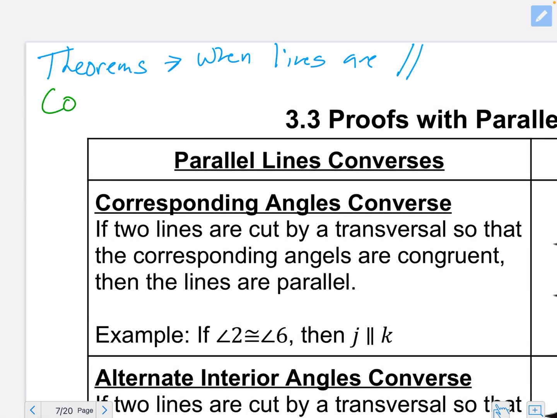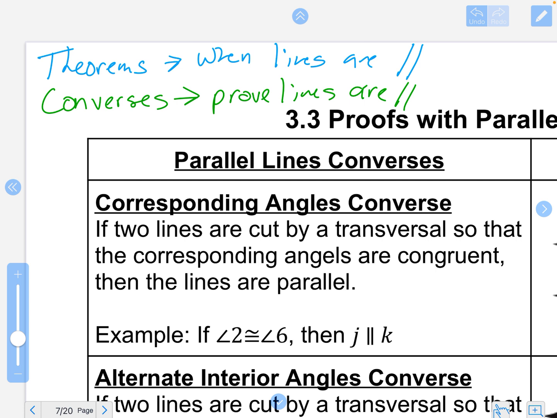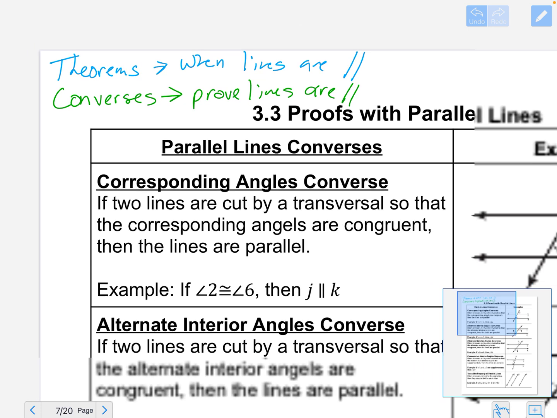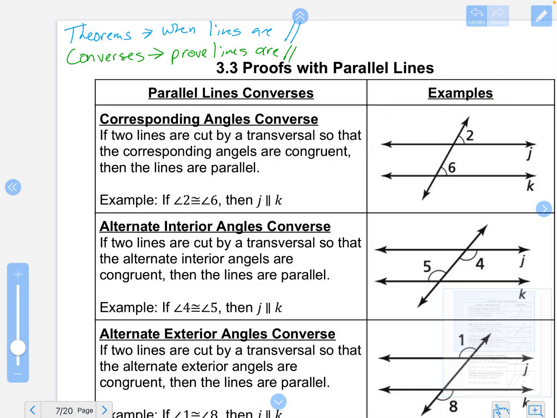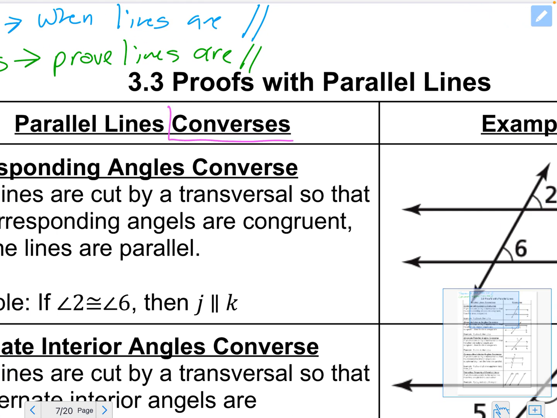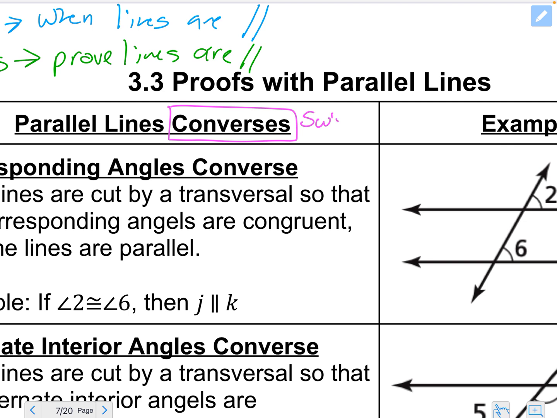We are going to use what we taught today, our converses, to prove lines are parallel. So we use the theorems when we know the lines are already parallel. We have to use the converse if we don't know the lines are parallel, to prove that they are parallel. If we remember back from last unit, converse means switch.